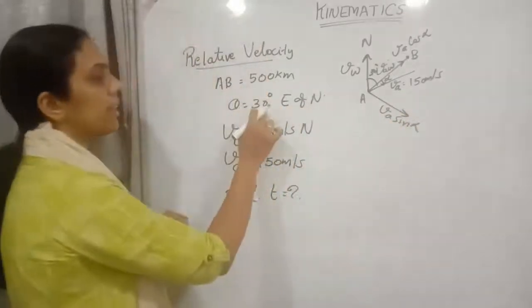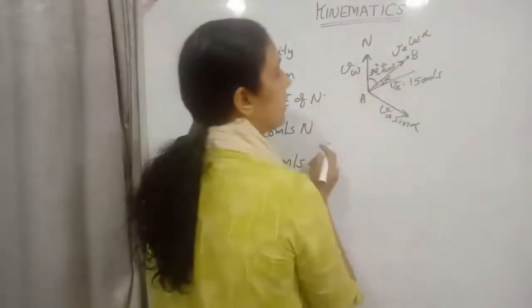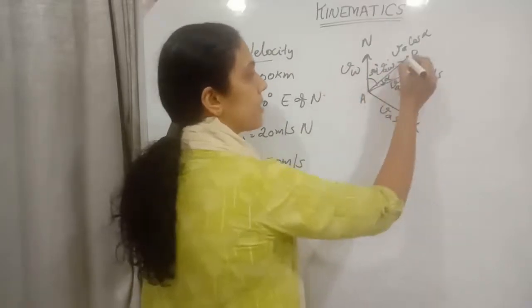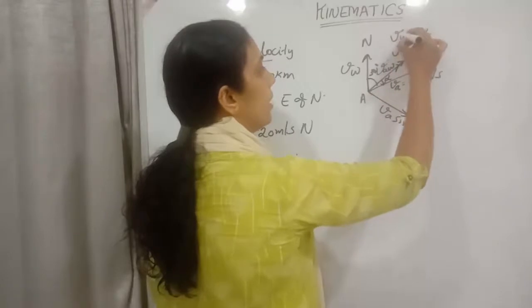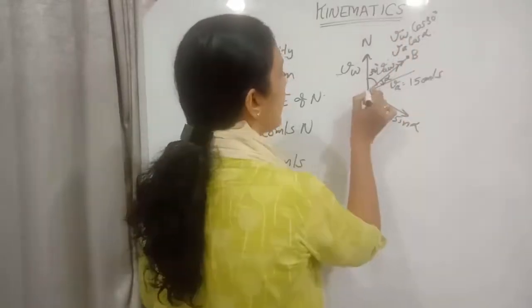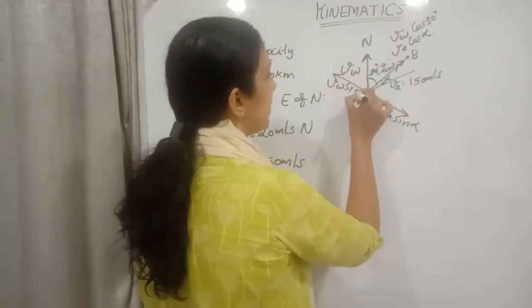Here it is given as 30 degree east of north, that's where it needs to go. Now VW we can divide into its components. One component will go like this, that is VW cos 30 degree. And the next component is here, that is VW sin 30 degree.